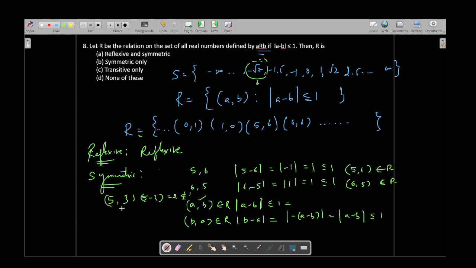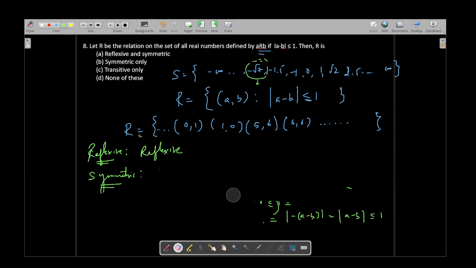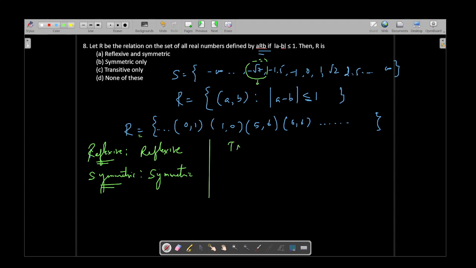So 5 comma 3 itself is not a member of R. If you take any ordered pair which satisfies this condition, then B minus A will satisfy the same condition. So I can say this relation is symmetric. Let us check for transitivity.